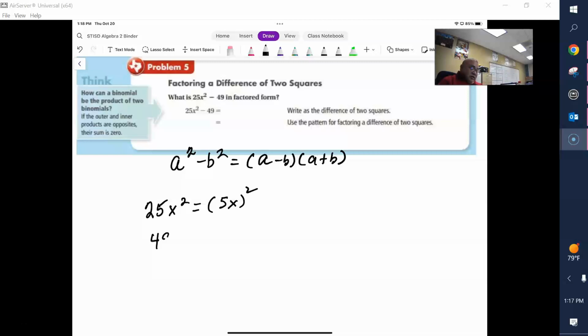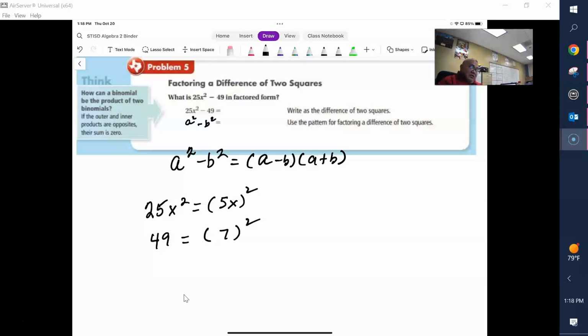And I know 49 is a perfect number because we have 7 raised to the second power. So you notice that the 25x squared is representing the a squared, and the 49 is representing the b squared.